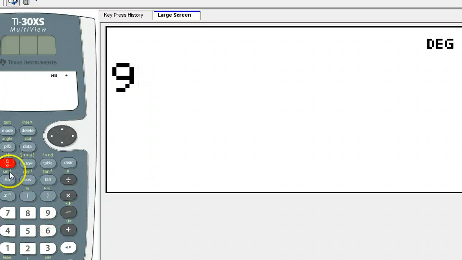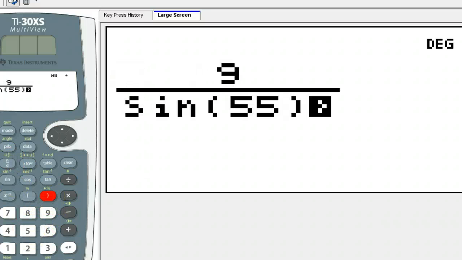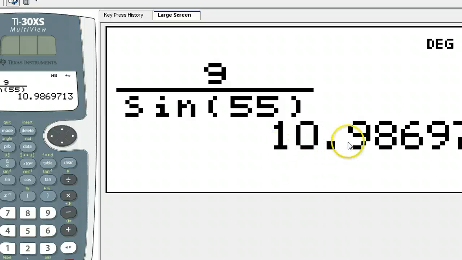That's 10.98, so I need to round this up. It rounds to 11.0.